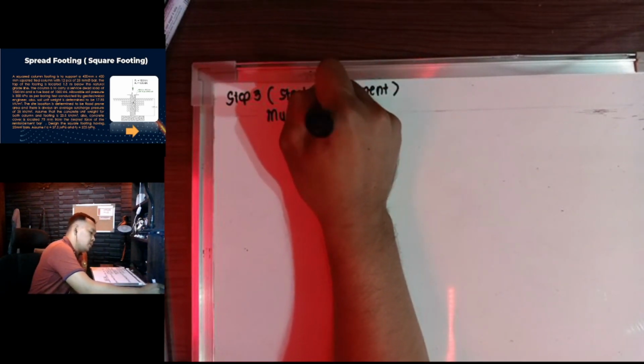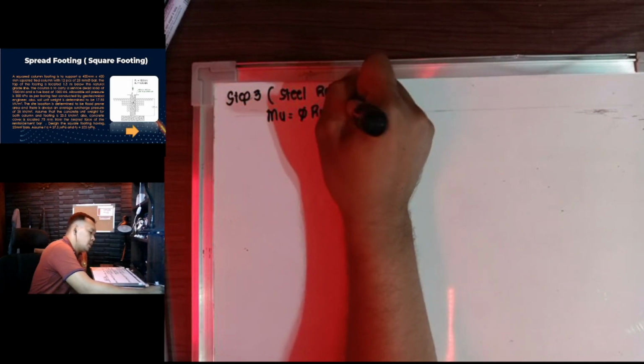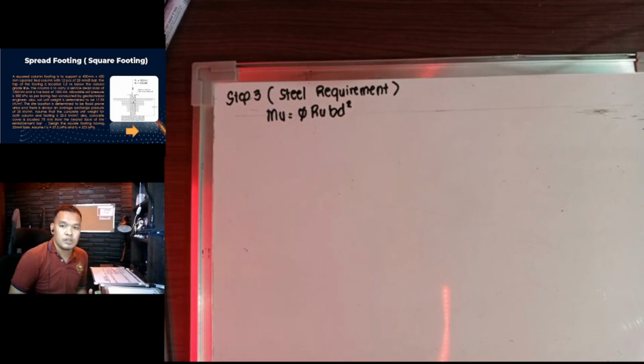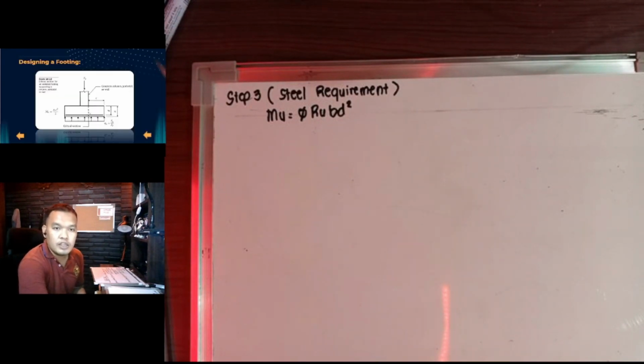phi Ru bd squared. Mu is qu area shaded times yung critical section length, no? So, balik ko dun sa ano. Ito yan. So, kapag tayo nagko-compute ng Mu, c squared over 2, no? So, ito yan. Okay?